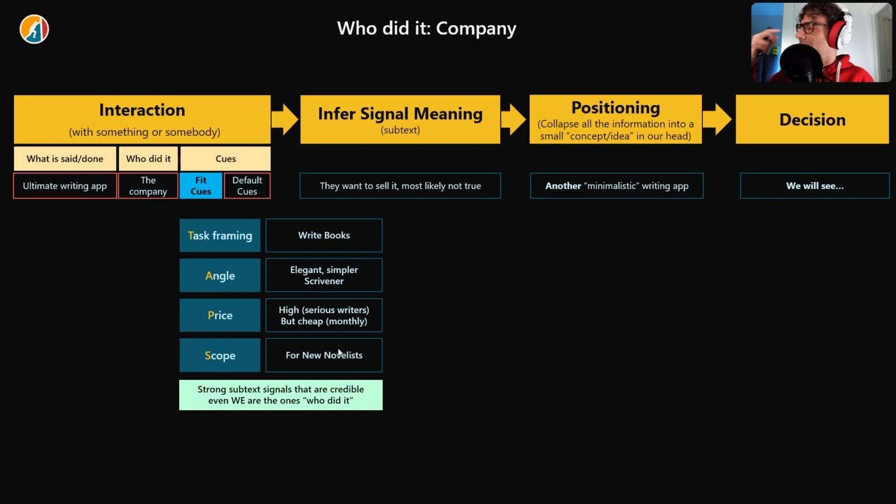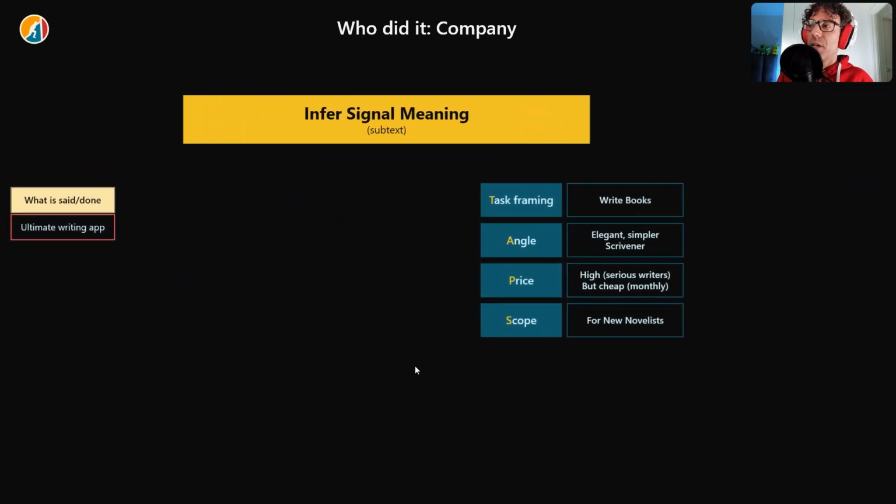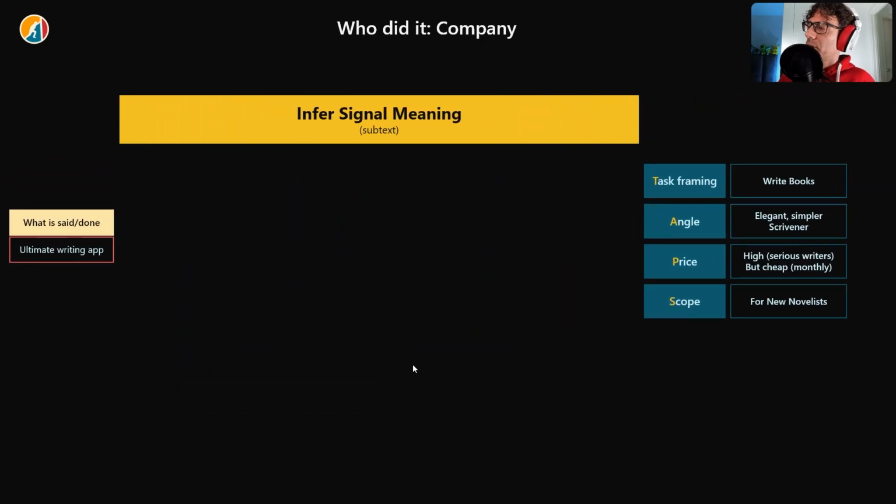But if you look at this, it's like, okay, why is this credible and why is this not? I don't see the difference. Well, let's go deeper into that. When we are saying the ultimate writing app, there are two problems: with writing and with the ultimate. The first one is the subtext.